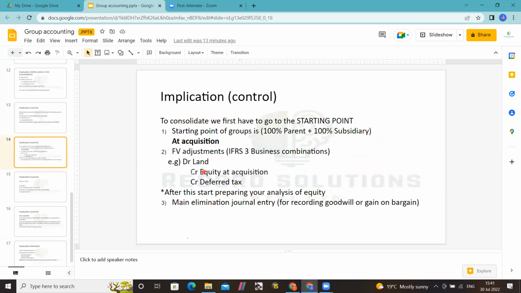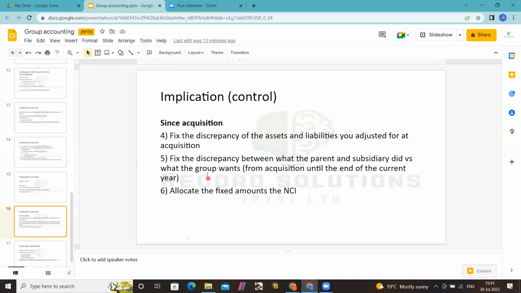So you're gonna go back here and see which items here are further recognized as time goes on, and whether the subsidiary versus the subsidiary in the group, what did the subsidiary do wrong, and then adjust, right? And then the second set is to fix the discrepancy between the parent and the subsidiary, right?